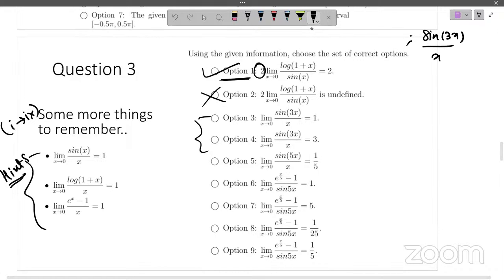But our x is going to 0, so I should manage to create the expression in terms of x.